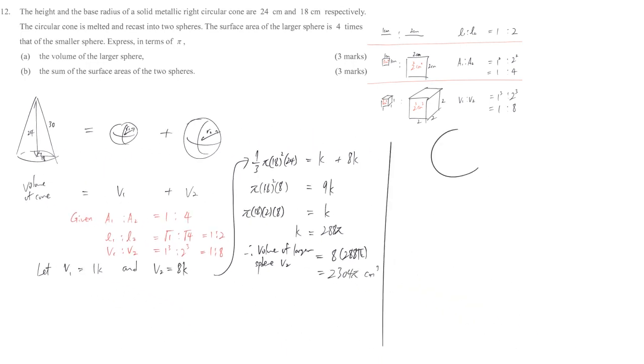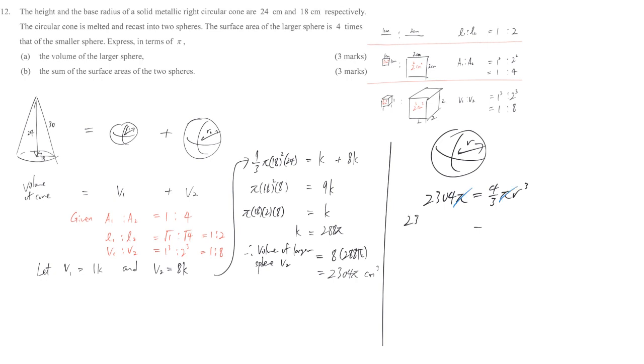So from the larger sphere here, we know that volume is 2304 pi, should equal to 4 over 3 pi r power 3 by the sphere volume formula. So we just solve the equation, divide both sides by pi, and then times 3 over 4.